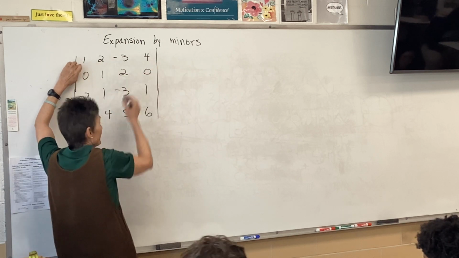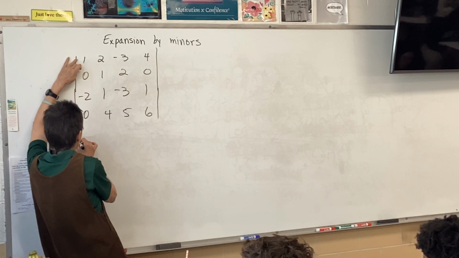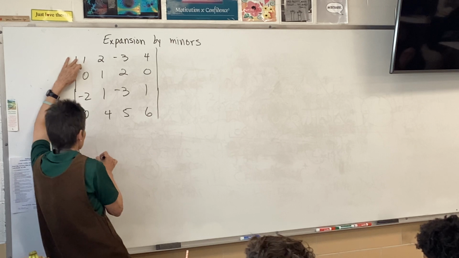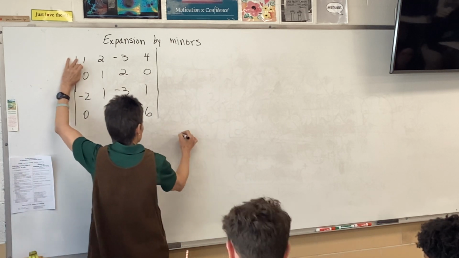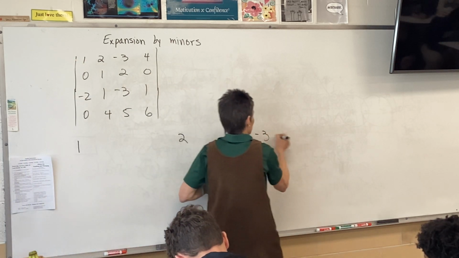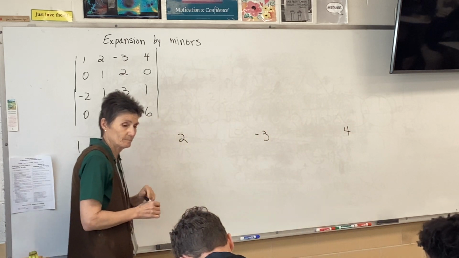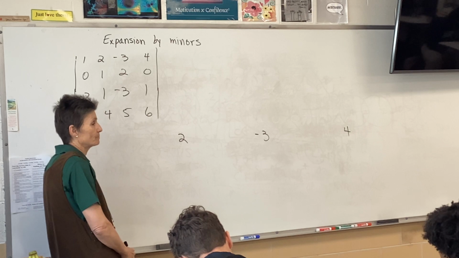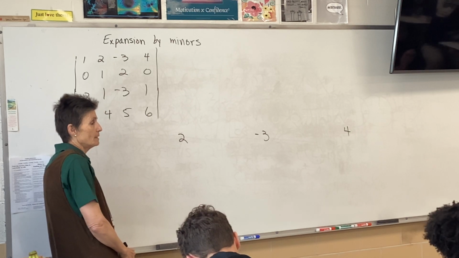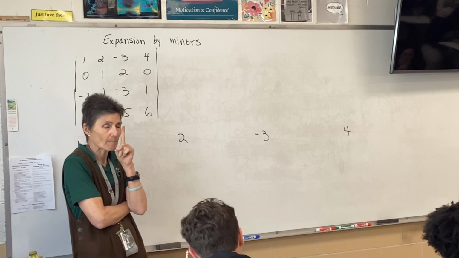Take that first row of numbers and write them down, spread them out. So 1, 2, -3, 4. It's called expansion. Spread them out. Now here is the step that we forget.